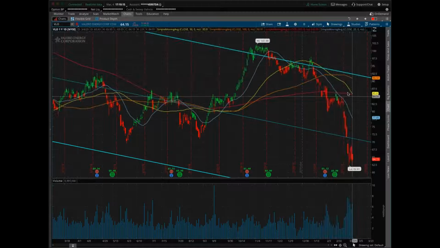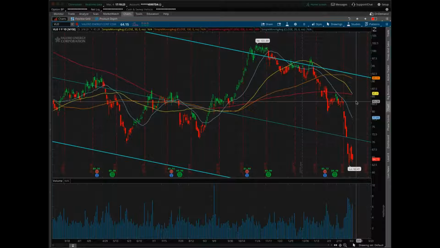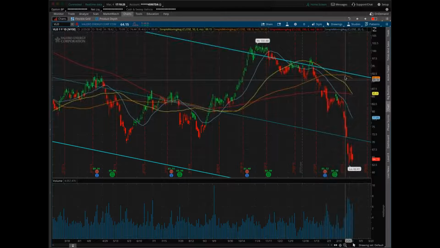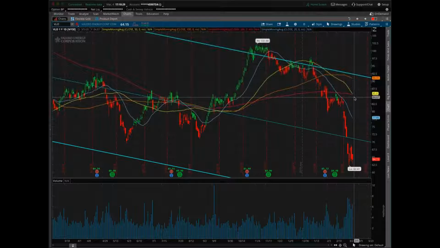And now it's an attempt to cross over the 200-day, which is extremely bearish as well. And then the 100-day is curling down, so that's going to head to cross over the 200-day as well, and that's going to be a very bearish cross.